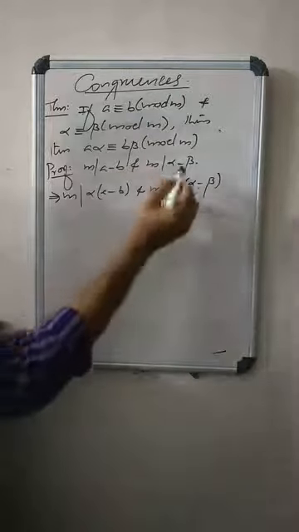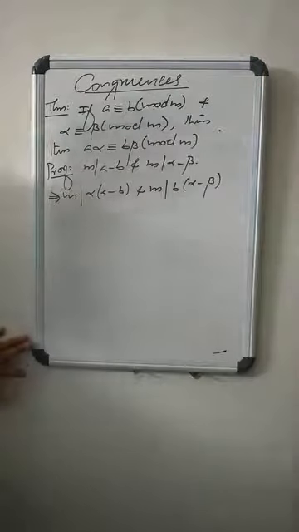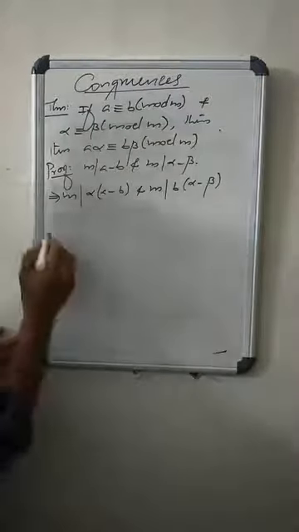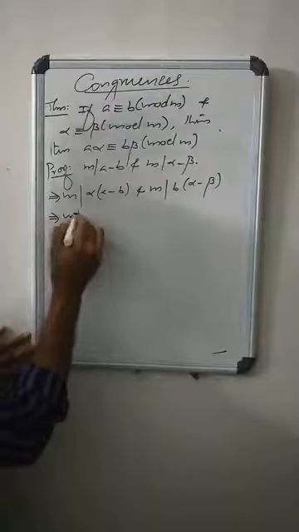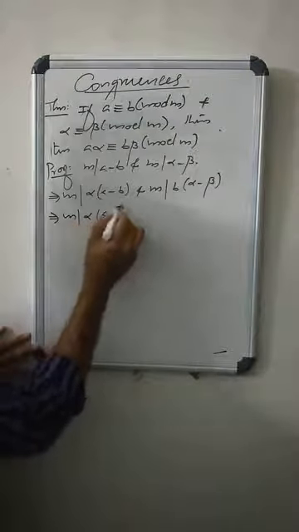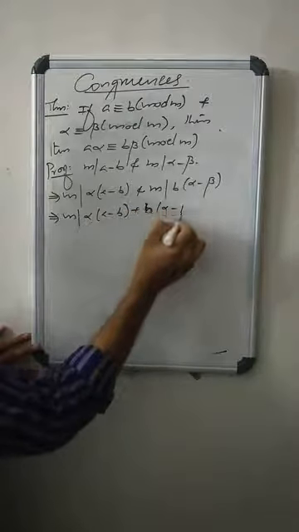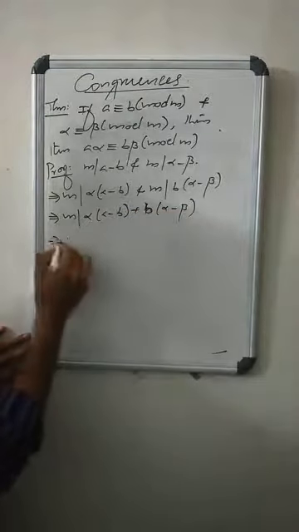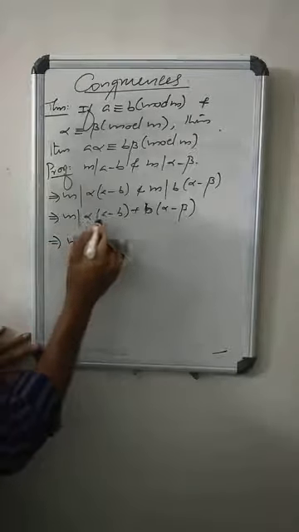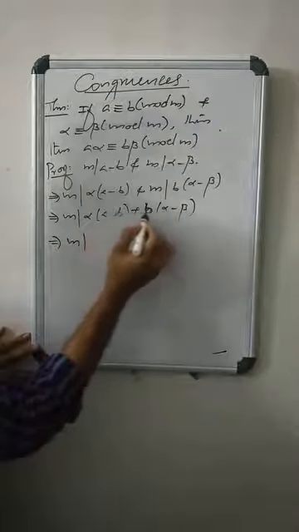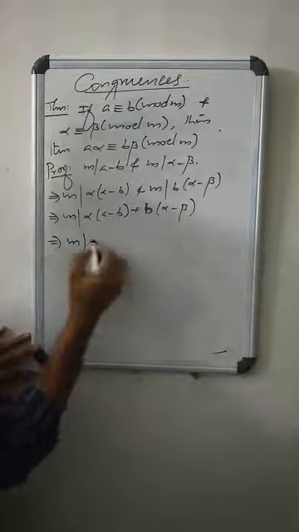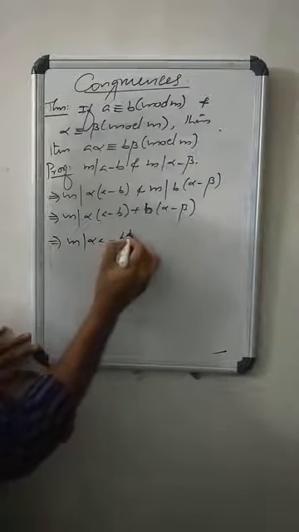M divides alpha minus beta, then M divides a scalar times (alpha minus beta). That means M divides alpha into (a minus b) plus b into (alpha minus beta). That is, M divides alpha a minus alpha b plus alpha b minus b beta, that is alpha a minus b beta.